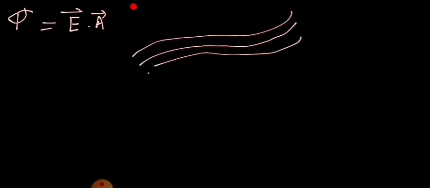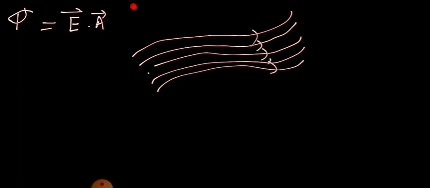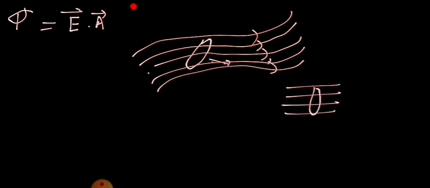We know the electric field can be represented by lines of force. So some areas are there, with some directions. When you calculate E into area, suppose the electric field is like this and you place the area like this, what will happen?